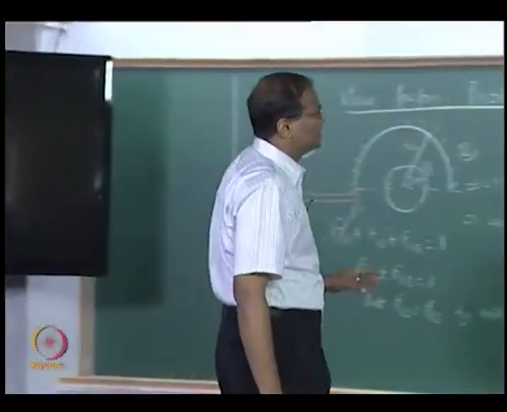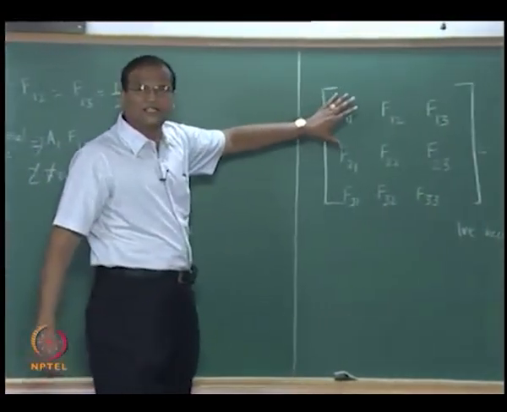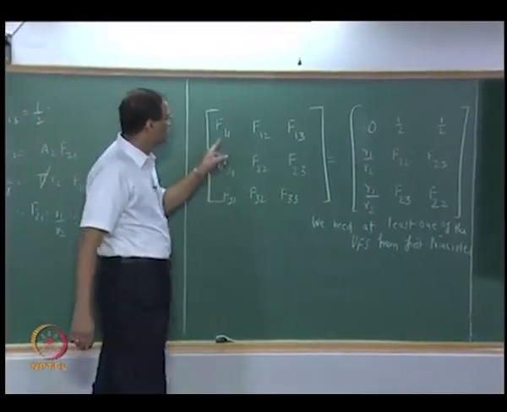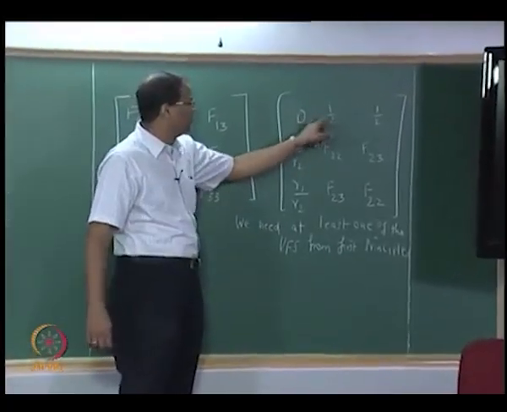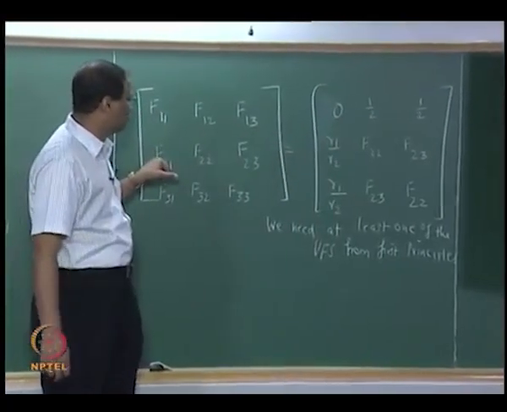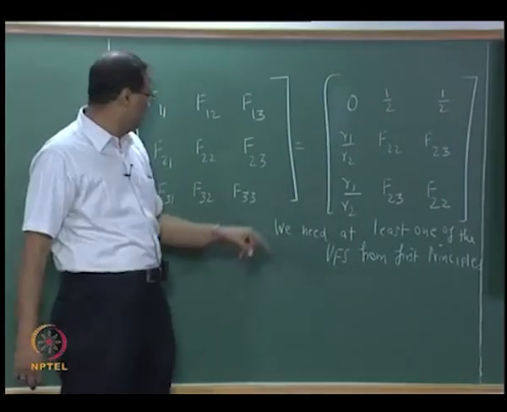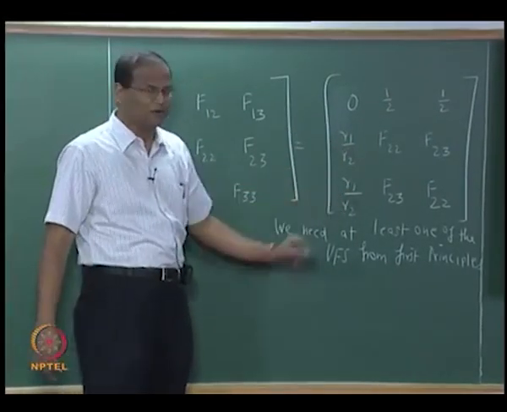Now let us write the view factor matrix. There are 3 surfaces, 3 squared, 9 view factors. So in the first row we are able to fill up 0, half, half. Second row we have got r1 by r2, f22 I do not know, f23 I do not know. f31 is also the same as f21, r1 by r2.